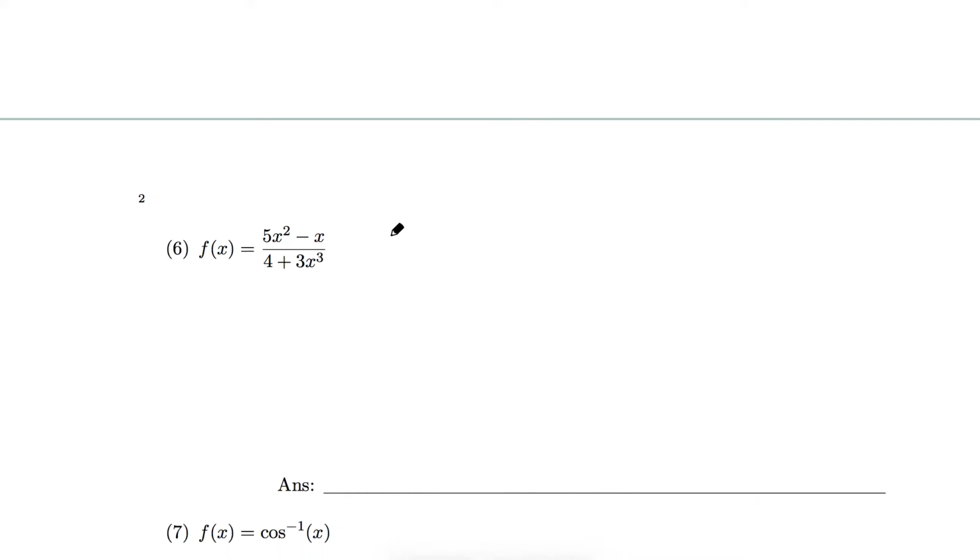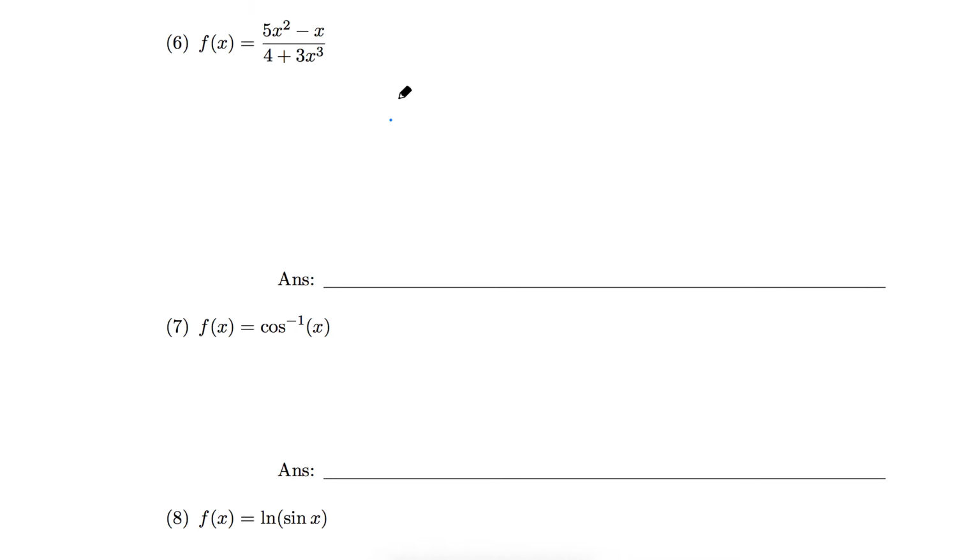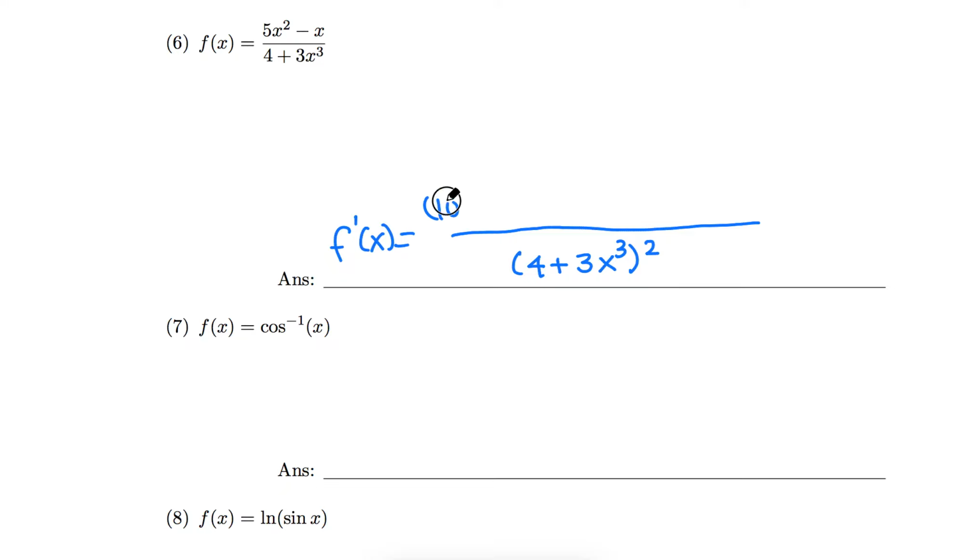All right, next page. We have a rational function here, so we're going to use the quotient rule. So f prime of x equals a fraction. Denominator of this fraction will be the square of the original one, 4 plus 3x cubed squared. Numerator will have derivative of the top, 10x minus 1, times the bottom, 4 plus 3x cubed, minus derivative of the bottom.